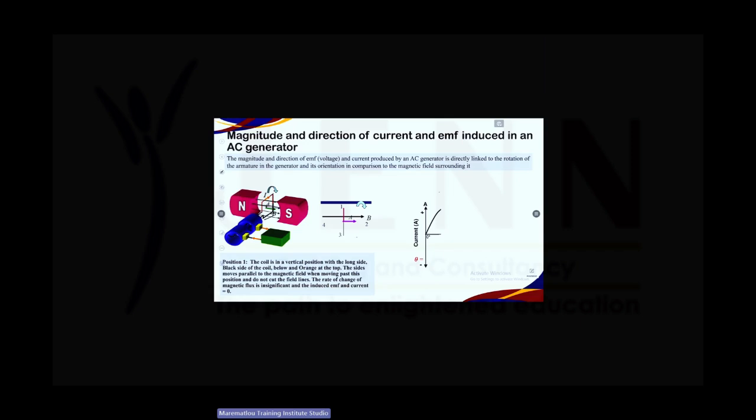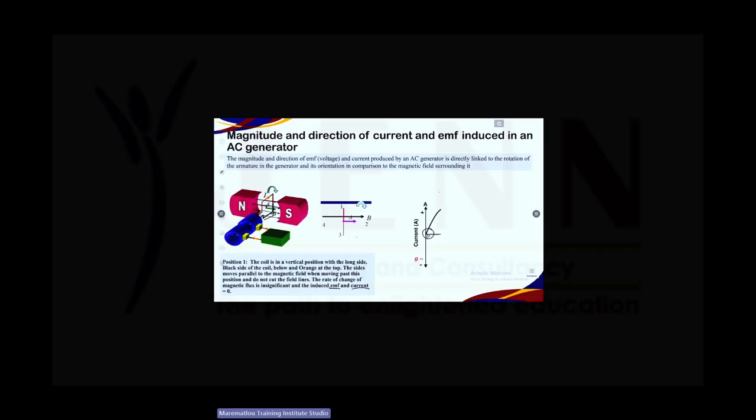Therefore, there's no change in magnetic flux, and therefore your EMF and your current are going to be 0. So that point on the graph is going to be 0.